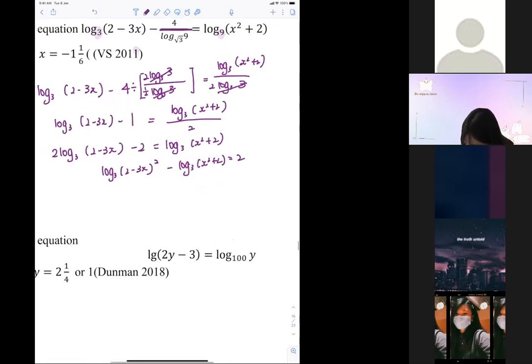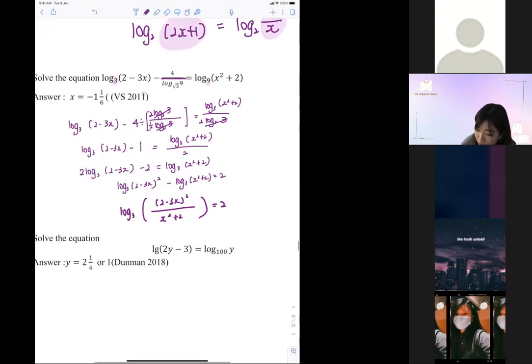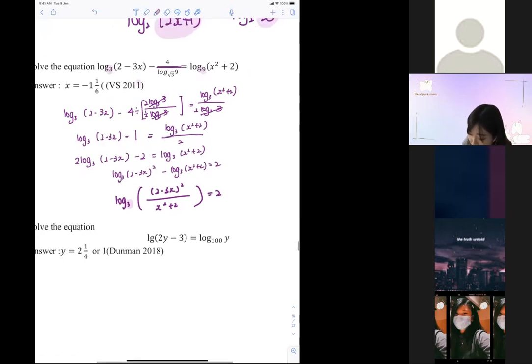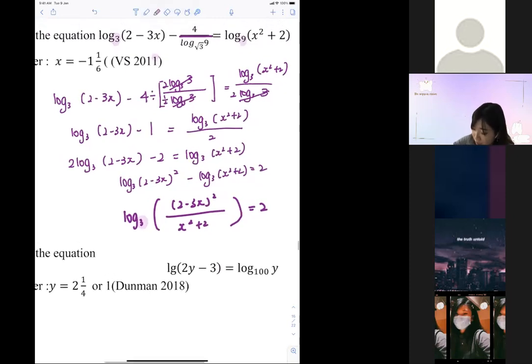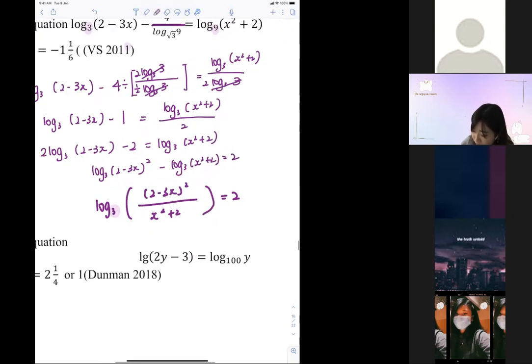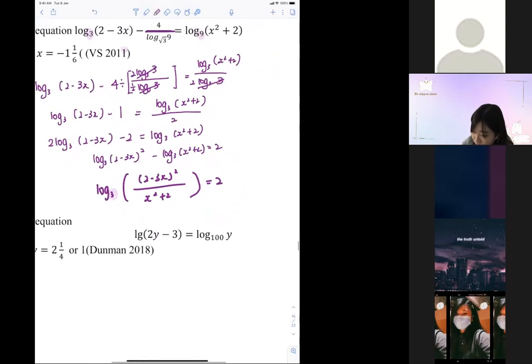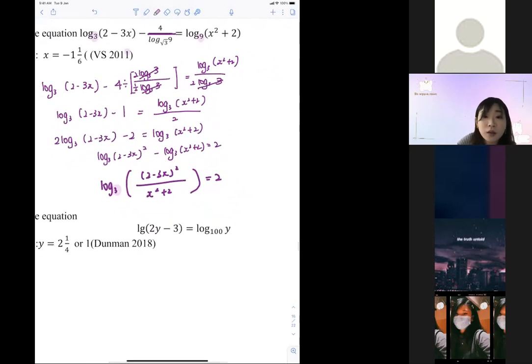Okay, I try to combine. So log 3, you get your 2 minus 3x squared over x squared plus 2. Then you can bring your base over. Okay, this one can bring over. You know what to do. Okay, so every time when you simplify, try to log one side, no log one side. Then you can continue. Can see, yeah?